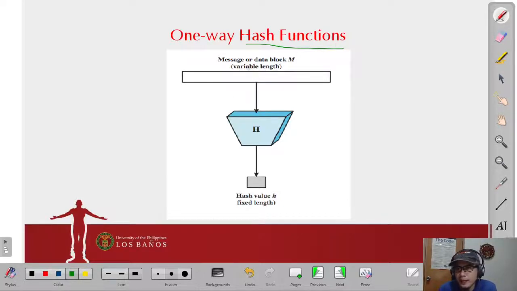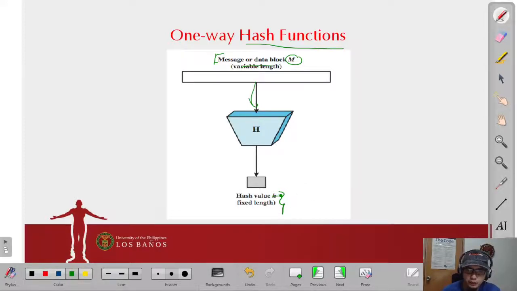The idea of the hash function is you have a message M or data block M, which can be variable in length, and if you feed that to a hash function, it will generate a fixed length hash value, and you can use this as the message authentication code.